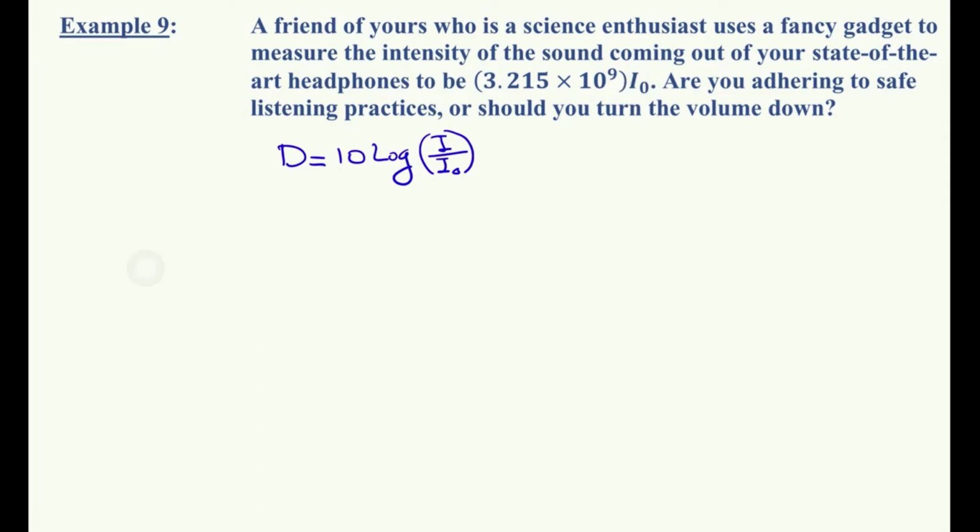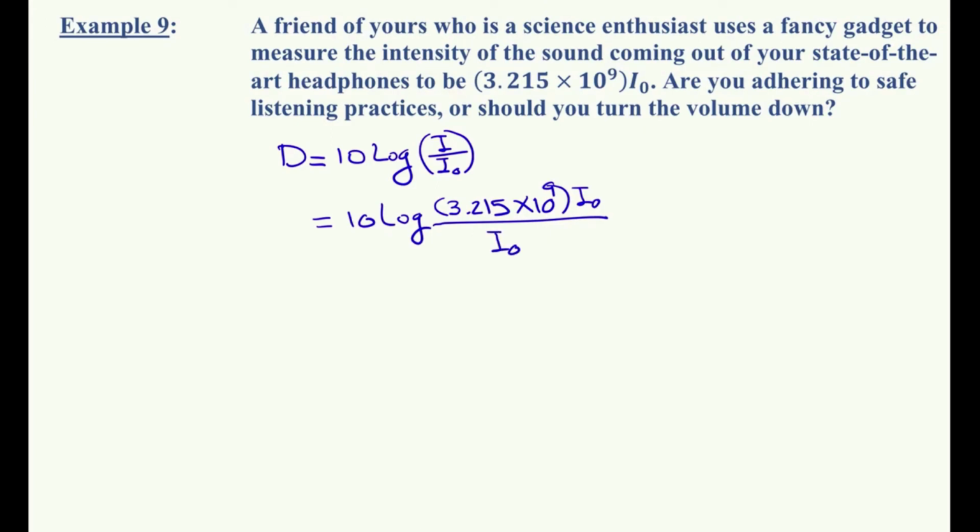So here we're just going to substitute. We get 10 log of, we know that the intensity of the sound coming out of your headphones is 3.215 times 10 to the 9 times I0 divided by I0.